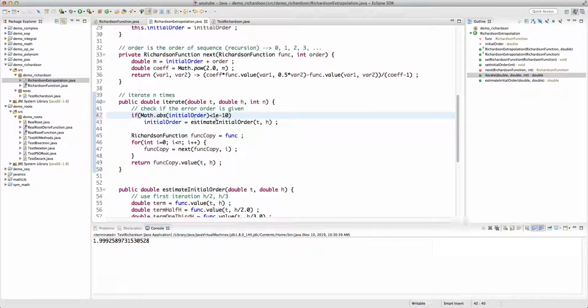For doubles, it's always recommended to use a tolerance for comparing to, for example, 0 here. And then compute Richardson iterations.